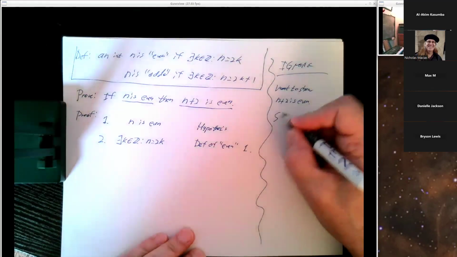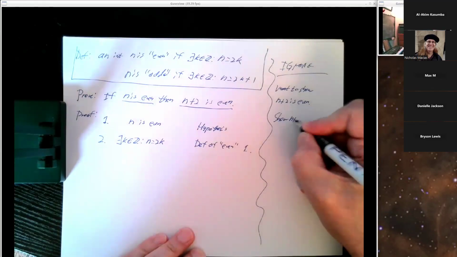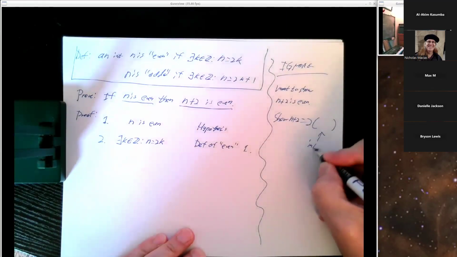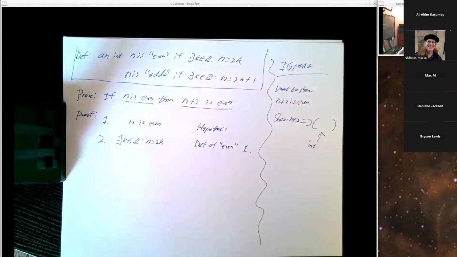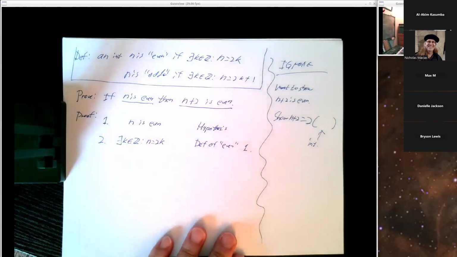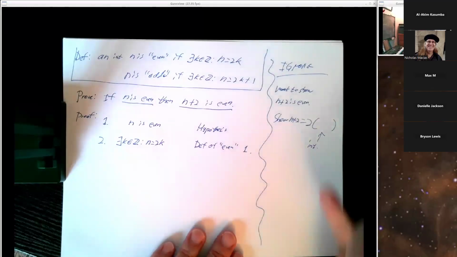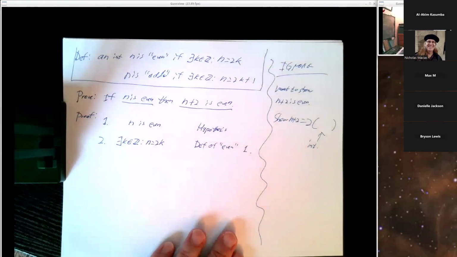So I want to show n plus 2 equals 2 times something where the something is an integer. Right? Totally not part of a valid legal proof, but it's in the ignore section, so it's totally fine. I want to show n plus 2 is equal to 2 times some integer.